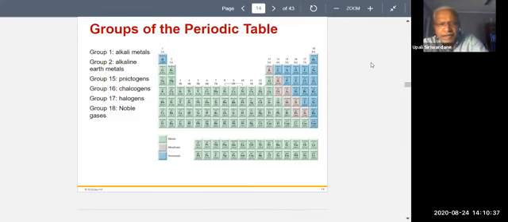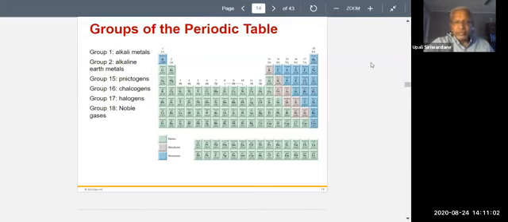The noble gases are group 18. Halogens are group 17. Chalcogens are group 16. Group 15 is called pnictogens: phosphorus, arsenic, and so on.